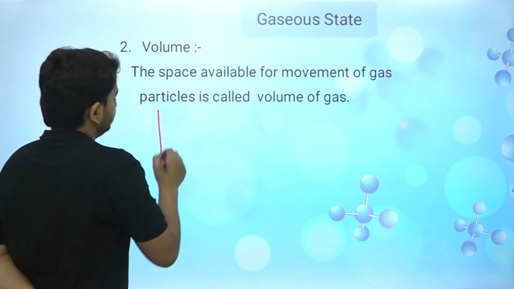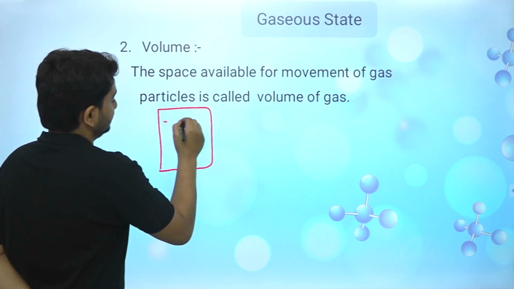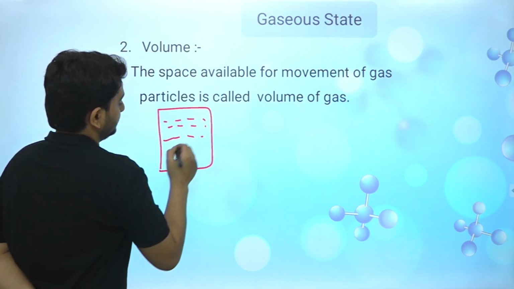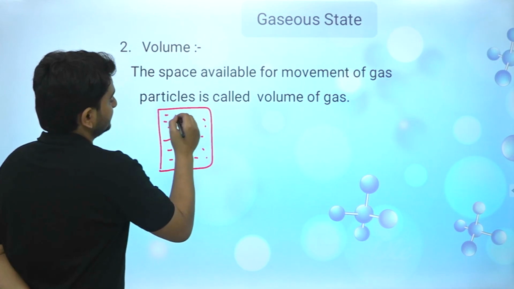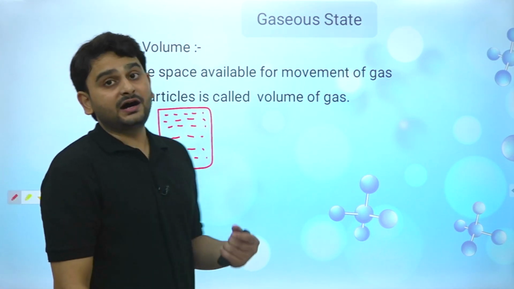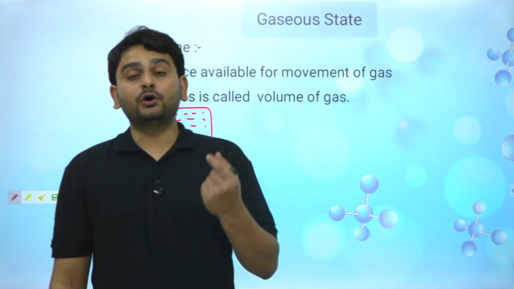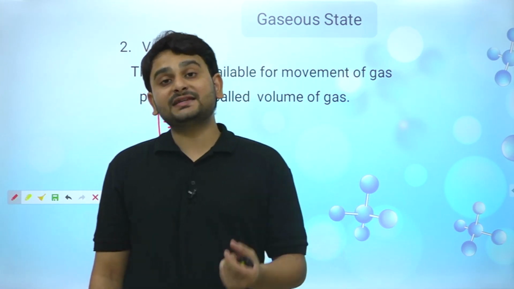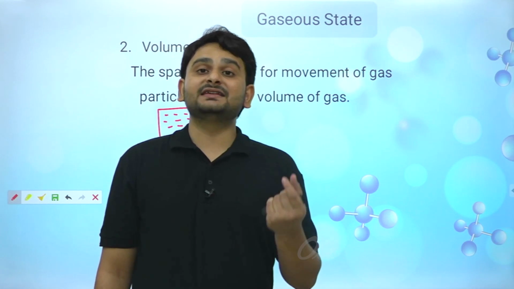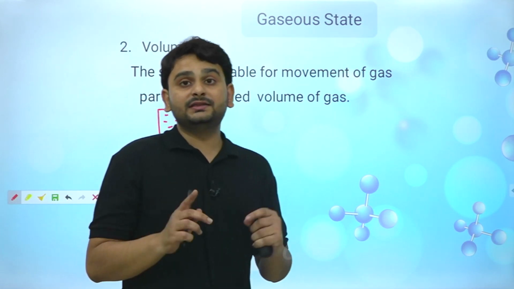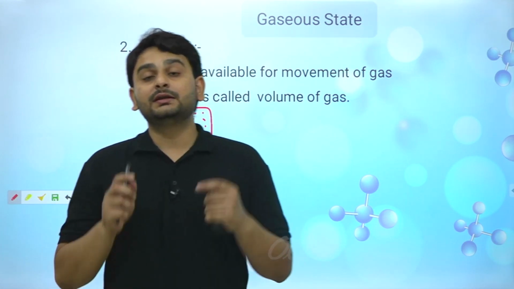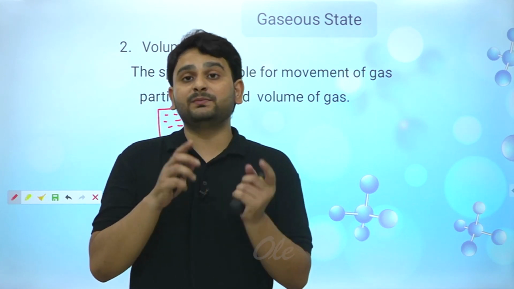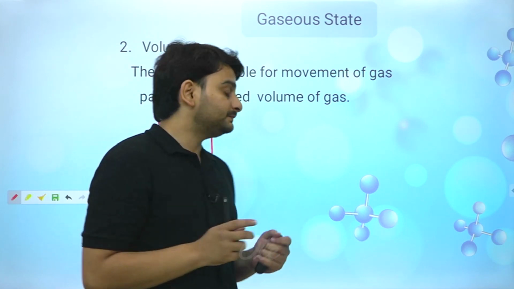So let's say there is a gas in a container, right? And these gas particles are so small that their volume is negligible, almost zero. In that case, we can say that our gas is ideal gas. And not only that, the intermolecular force of attraction between the gas particles must be zero.